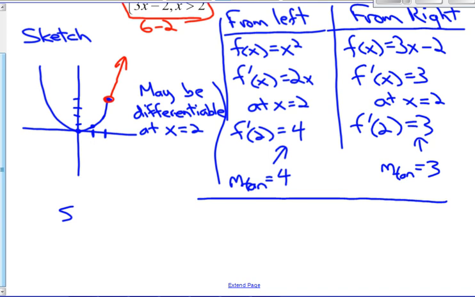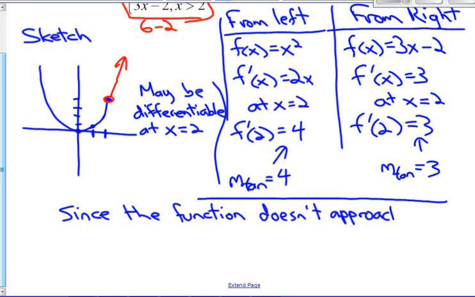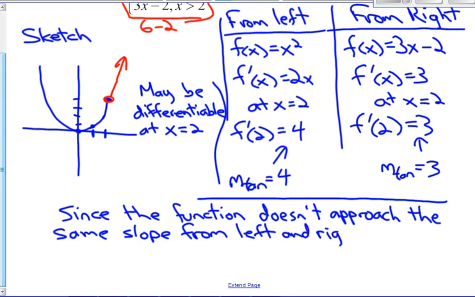So, since the function doesn't approach the same slope from left and right of x equals 2, it is not differentiable at x equals 2.